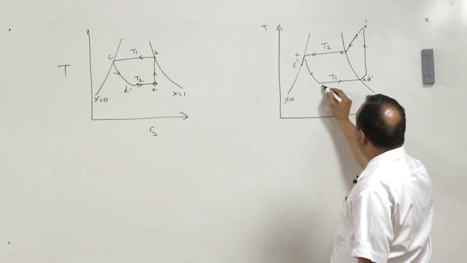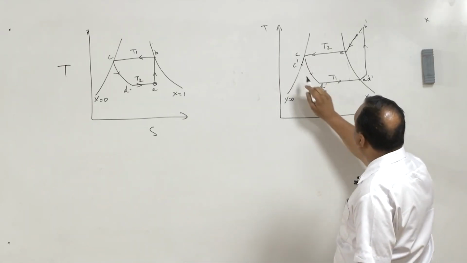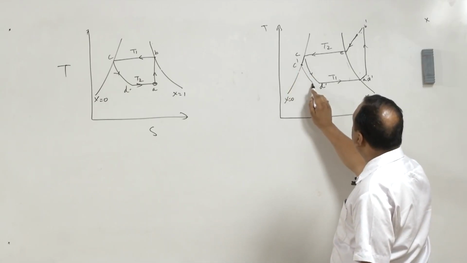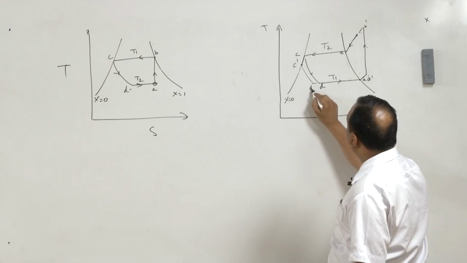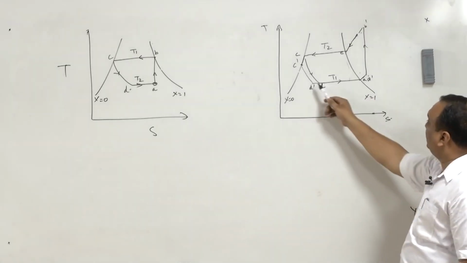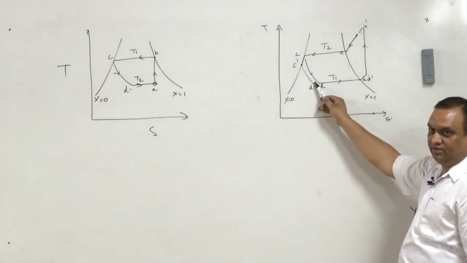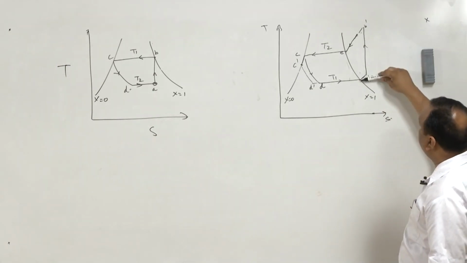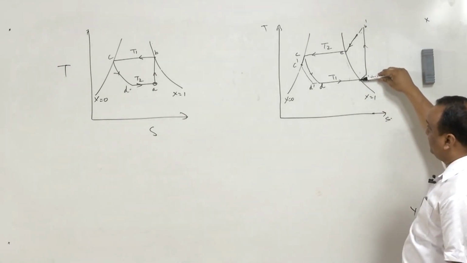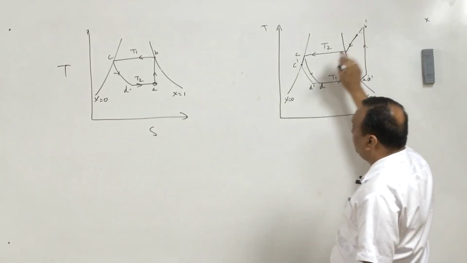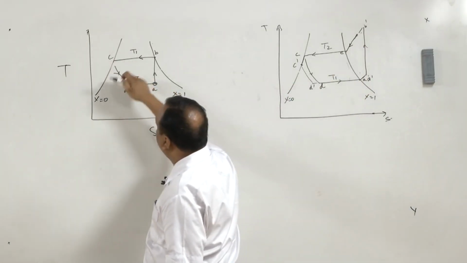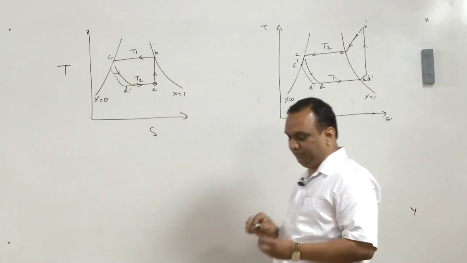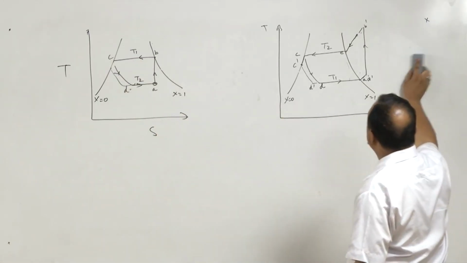When the liquid is subcooled to C dash, the isenthalpic expansion shifts the point D to the left, and this D point comes here as D dash, and this increases the refrigerating effect without any increase in the consumption of work in the compressor. So, if we simply subcool the liquid, instead of C, if we subcool it up to here, we can increase the refrigerating effect. Now, this subcooling, how to attain this subcooling?